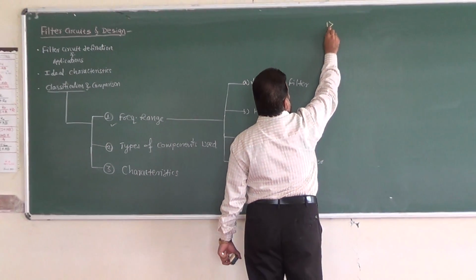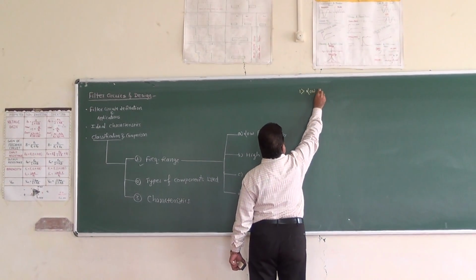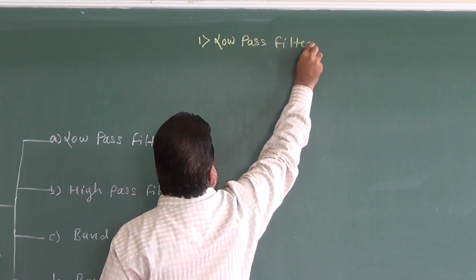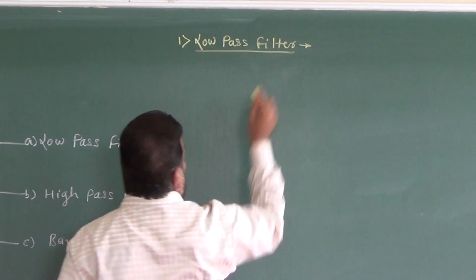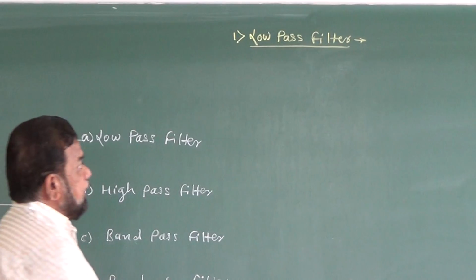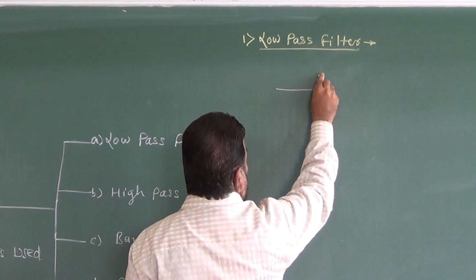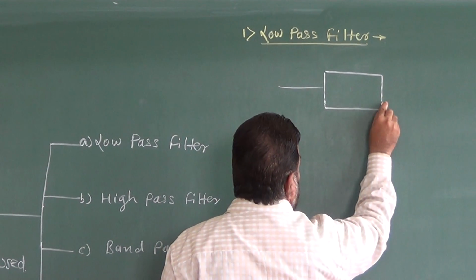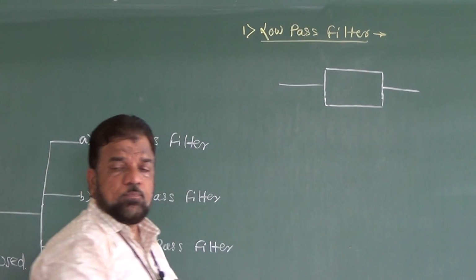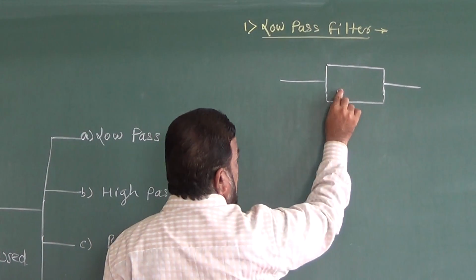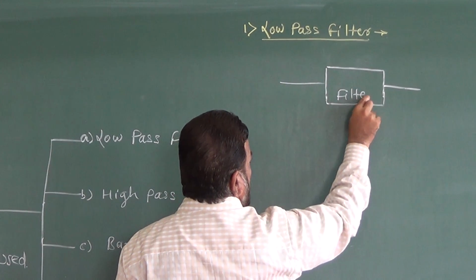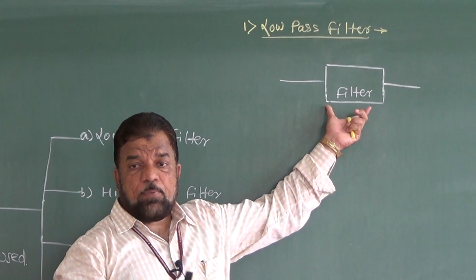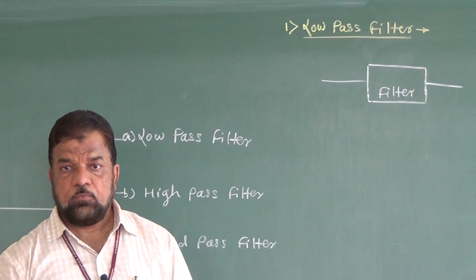So if I am having a low pass filter, how to define this one? Low pass filter. See, you have an electrical circuit. That means if I have this block, and if I want to define this block as a filter, then the very first requirement is this circuit should separate frequency range, right?